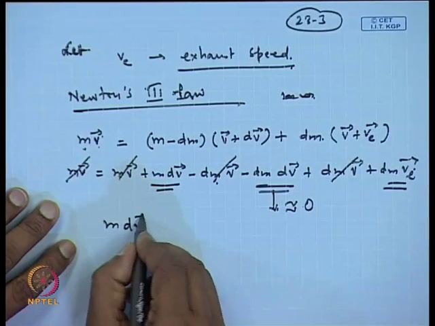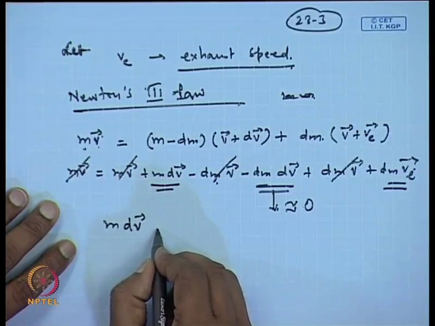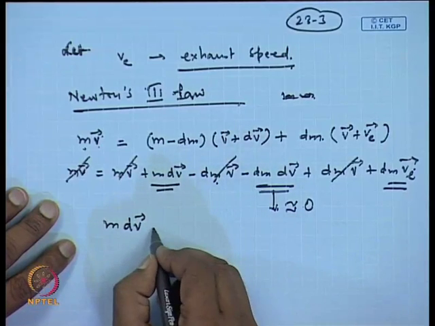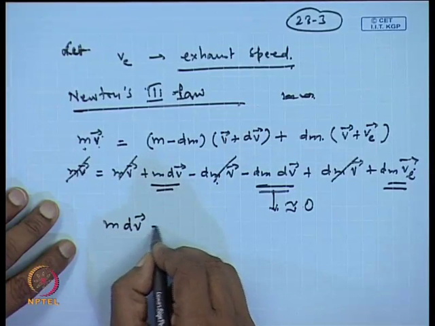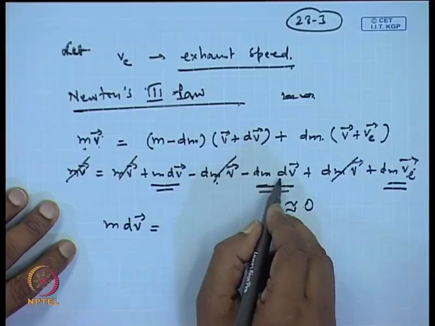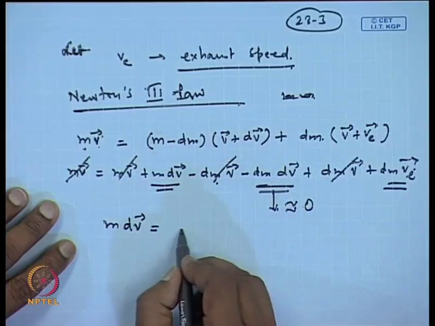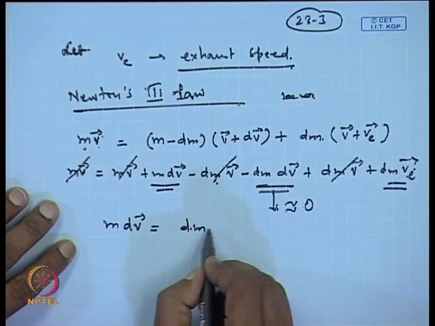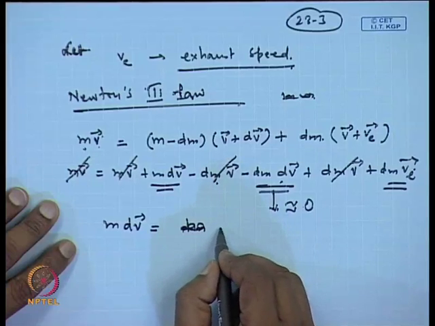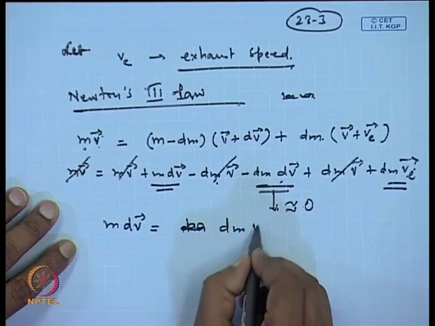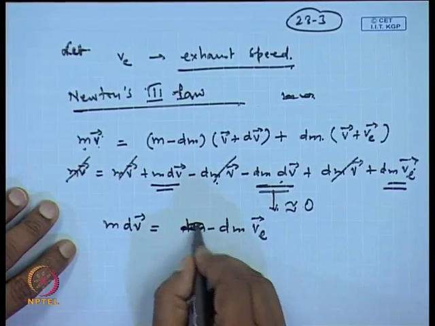So, m times dv is equal to dm times dv, which we are neglecting, so we will simply write it as dm times V with a negative sign.